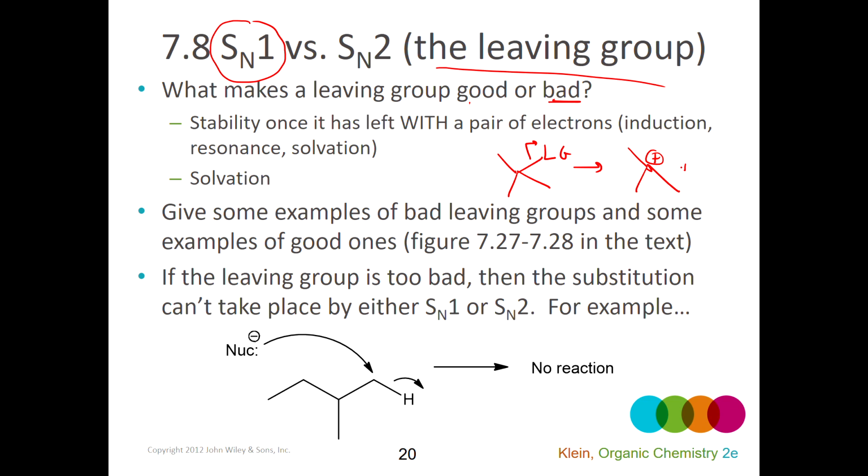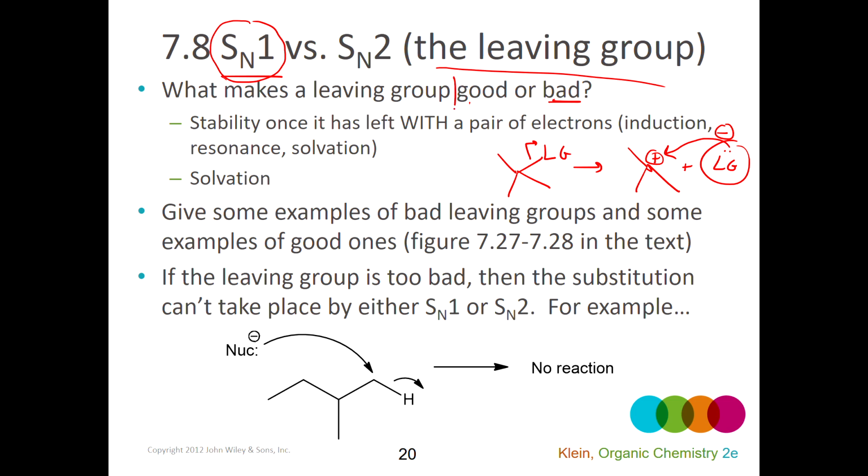If when the leaving group leaves, it also can't stabilize the electrons it has, because maybe it's a negative charge and there's not really good solvation or induction, or the atom carrying the charge can't stabilize it, maybe there's no resonance to stabilize it. So all of the factors we talked about to stabilize a negative, if they're not at play stabilizing this negative charge well, it'll probably just come back in. So it's hard to get a leaving group to leave and facilitate an SN1 mechanism and leave behind a really unstable carbocation if it's not a good leaving group.